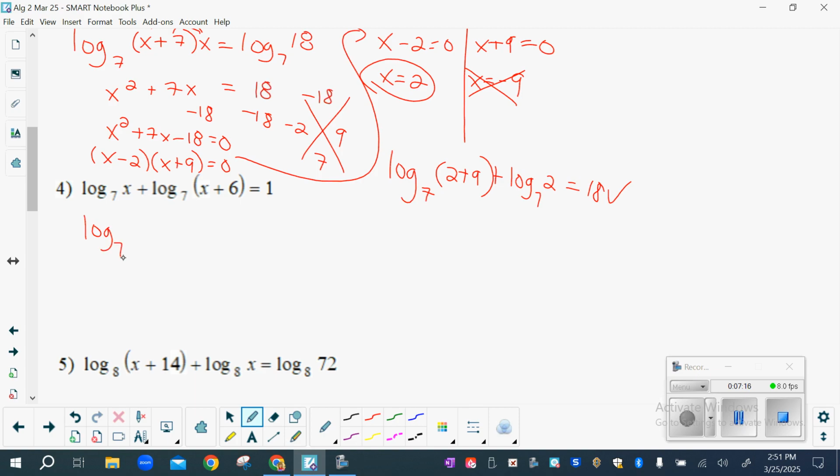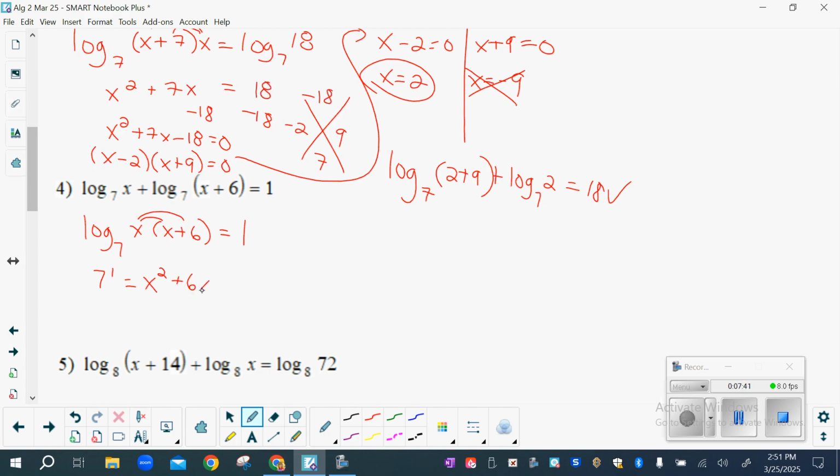Eventually we're going to do that, but our first step is we want to bring these two together. You multiply x and x plus 6. Good. Then it equals 1. You want to change that to what form? Exponential form. So our base is 7. So 7 to the power of 1. Exponent is 1, and then I'm going to multiply these as I write it.